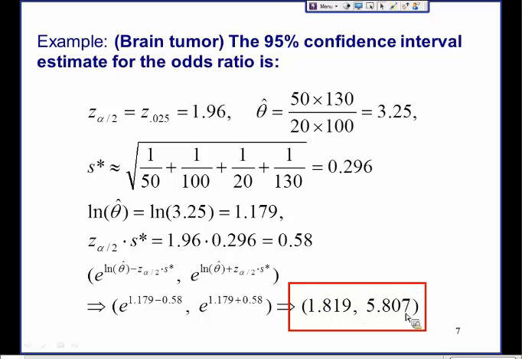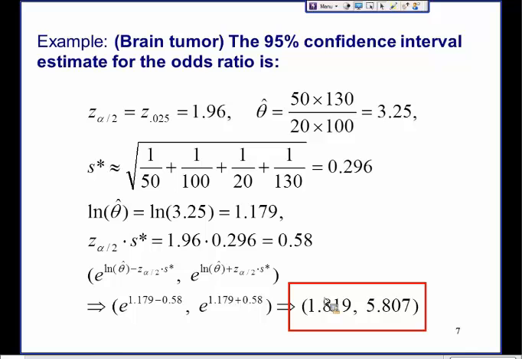If that interval doesn't cover 1 and covers a range of numbers higher than 1, that generally means if you're exposed to the risk factor, you're more likely to get the disease than those who did not. If the interval covers a range of values between 0 and below 1, that means if you're exposed to the risk factor, you're less likely to get the disease. So I hope this makes sense to you.